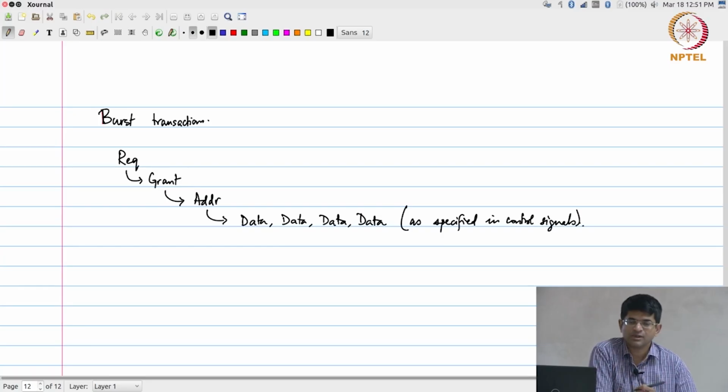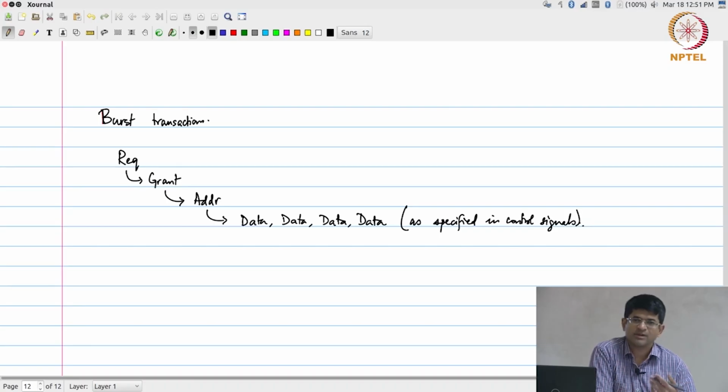right. So, for example, what I can do is I can say I want to burst read 4 values from memory. Okay. There would be one request, one grant, one address, but 4 values will be returned from memory. So, I am able to take the fact that I had this overhead of request, grant and putting out the address and split it out over 4 accesses, right?